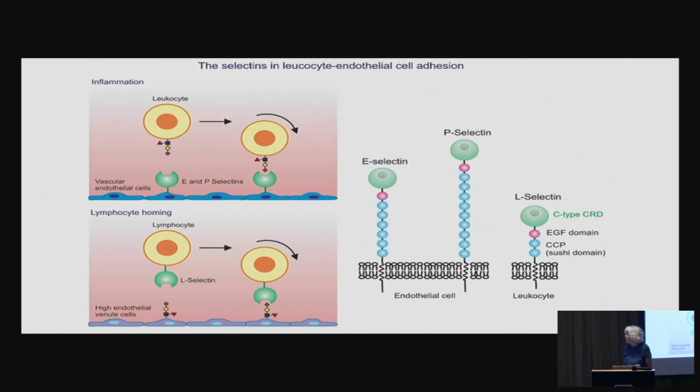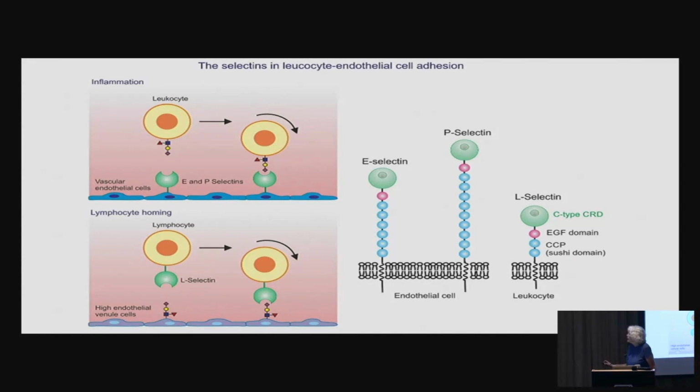So L-selectin does exactly the same thing in terms of slowing down the lymphocytes so that they can squeeze through the endothelial cell layer into the lymph nodes. This is very important for the targeting of the B and T lymphocytes from the circulation into the lymph nodes.